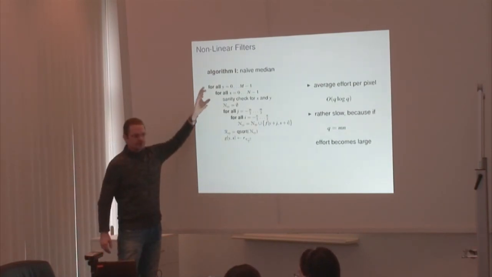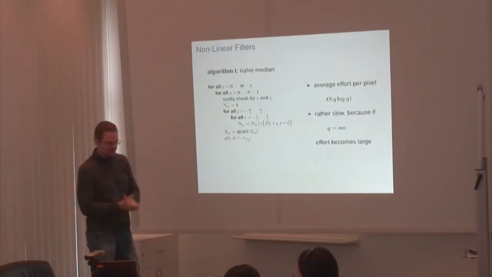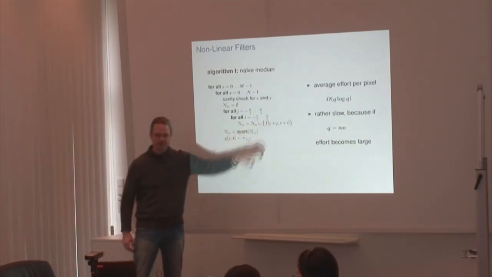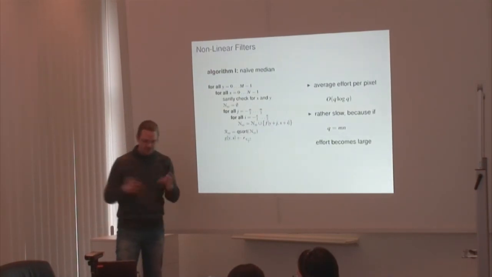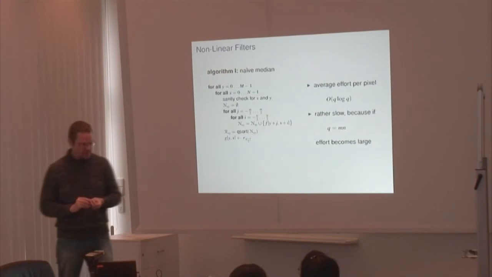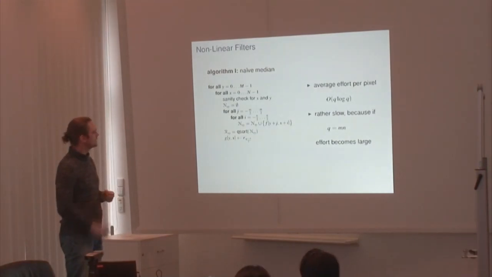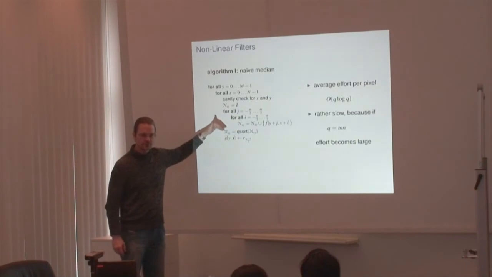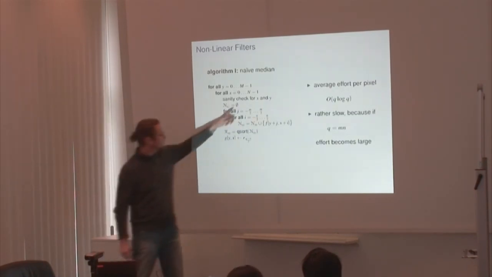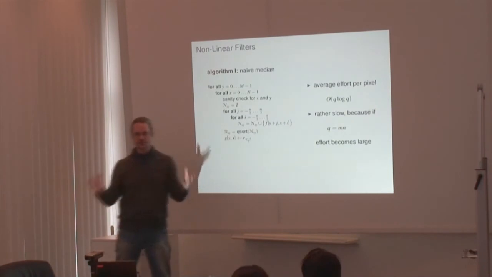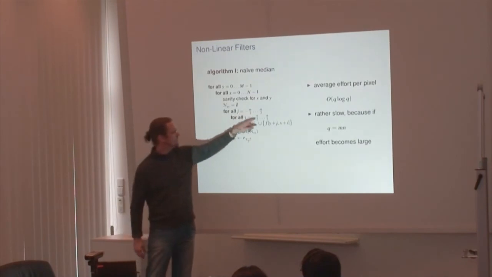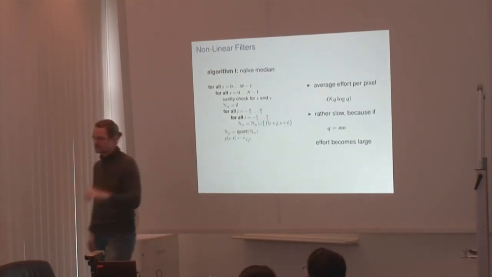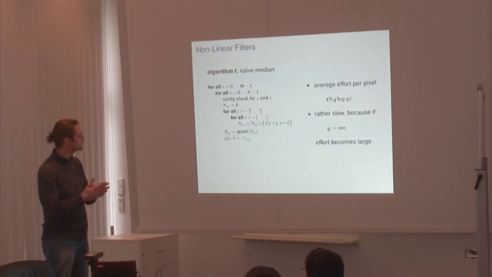Once we are sure that we are considering a pixel where we can securely compute these kinds of things here, we initialize this set, which will contain all the pixel values in our local neighborhood, to the empty set. And then there are these two inner for loops, where we iterate over all the pixels contained in this local neighborhood. For simplicity, I always assume that these m and n are odd numbers, so that there is a clear-cut center pixel for every neighborhood, but we don't have to get back to that.